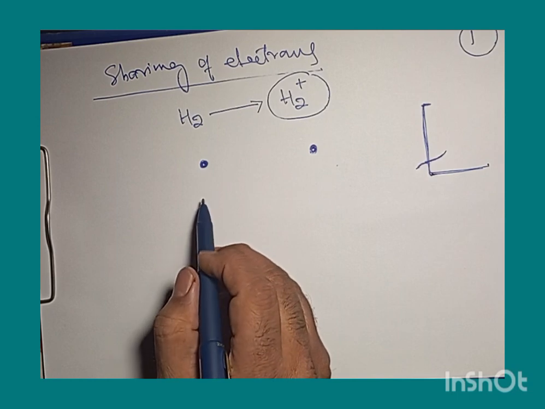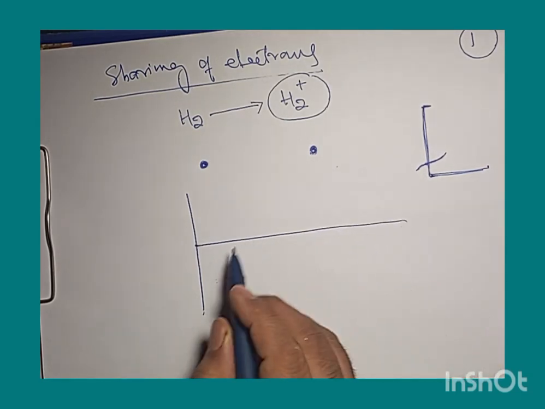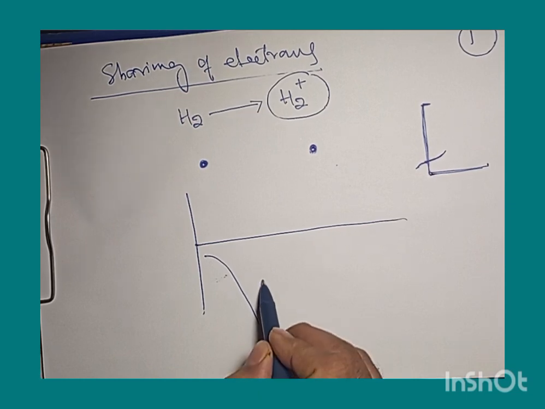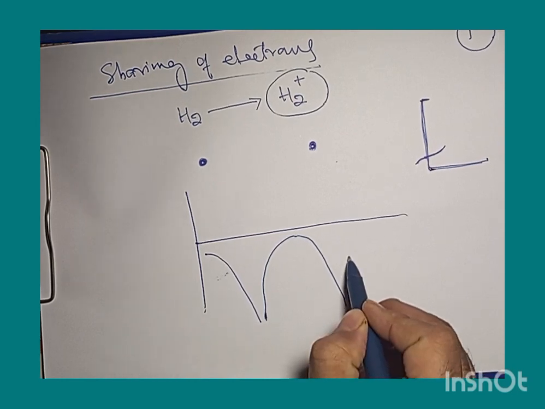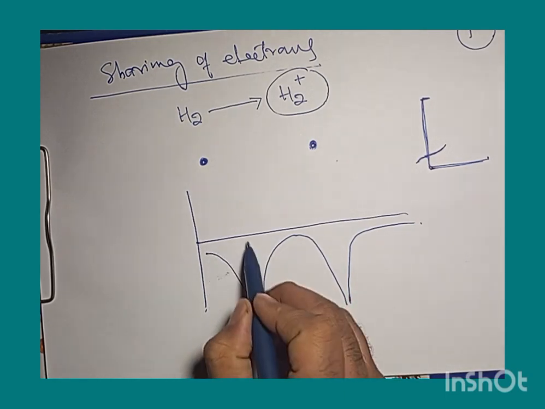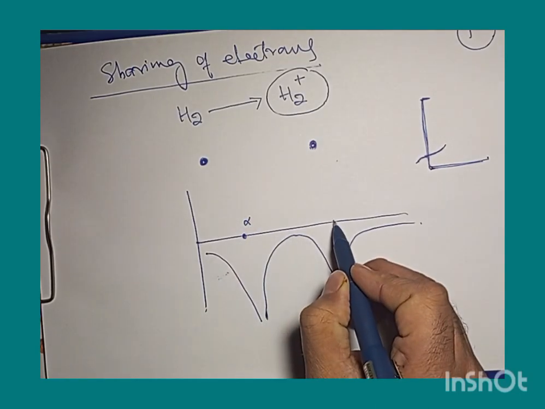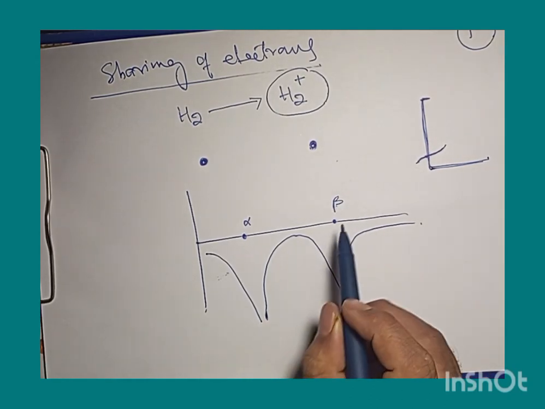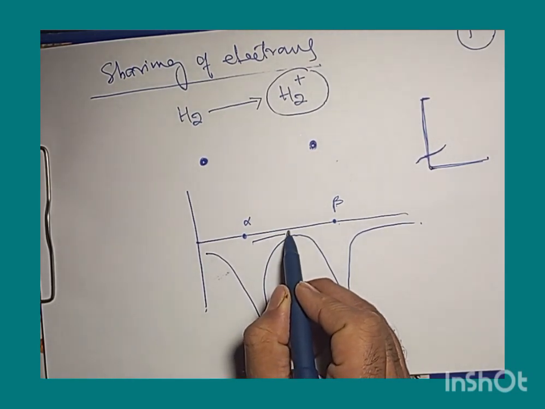If we try to understand the problem and go with the potential that we will have with these two protons, it will be something like this, and then something like this. This potential is due to the proton, say alpha, and this potential here is due to another proton, say beta. Between these two particles there is a separation, say r.